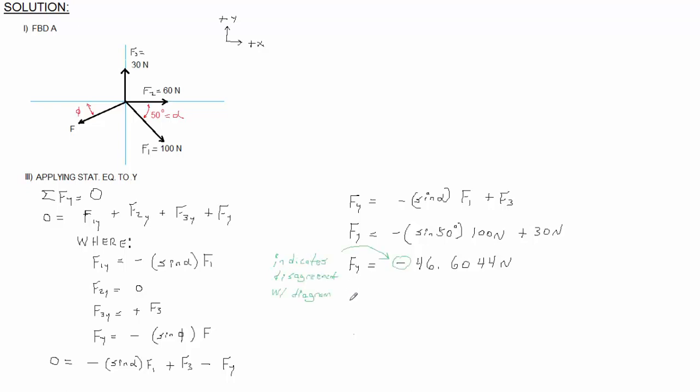So then our final step is to write Fy equals 46.6044 newtons going up. My reasoning behind showing you this particular example is to show you this sign discrepancy. You will see that the negative sign here actually indicates that the y component is going up. The reason for that is we initially assumed the y component of F going down. So negative, once again, here indicates disagreement with the diagram.